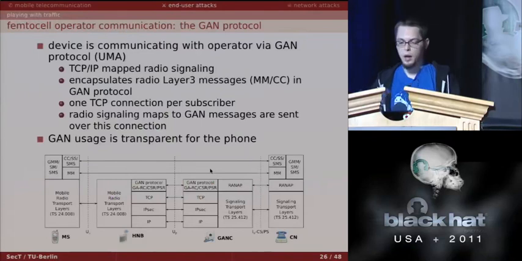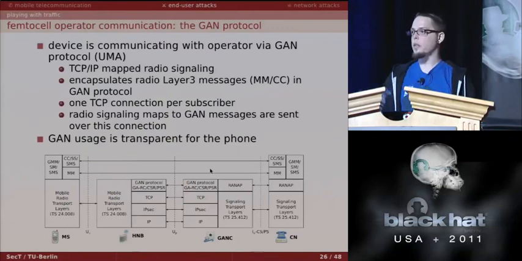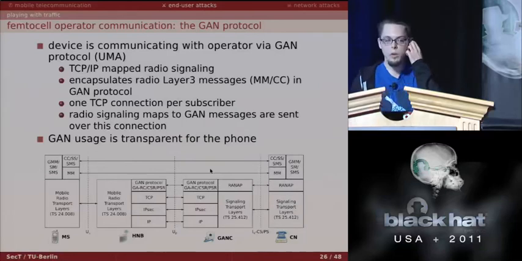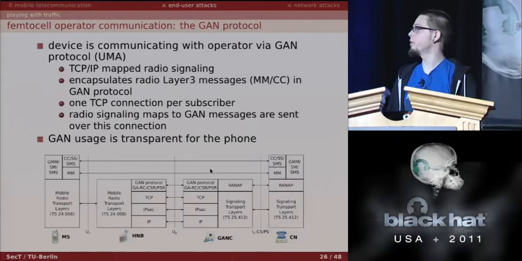So how does signaling traffic work with the Femtocell? For that, operators developed a protocol called GAN protocol, which stands for Generic Access Network Protocol, also sometimes known as UMA, Universal Mobile Access.